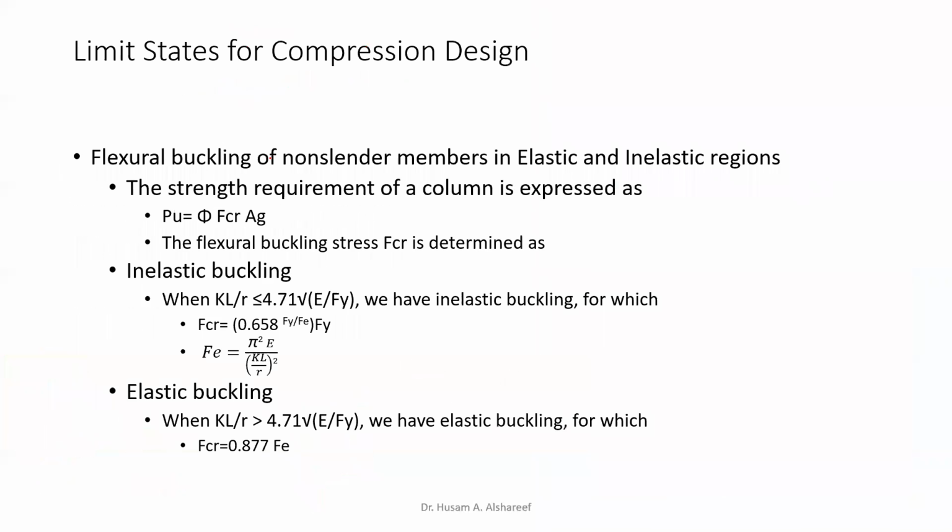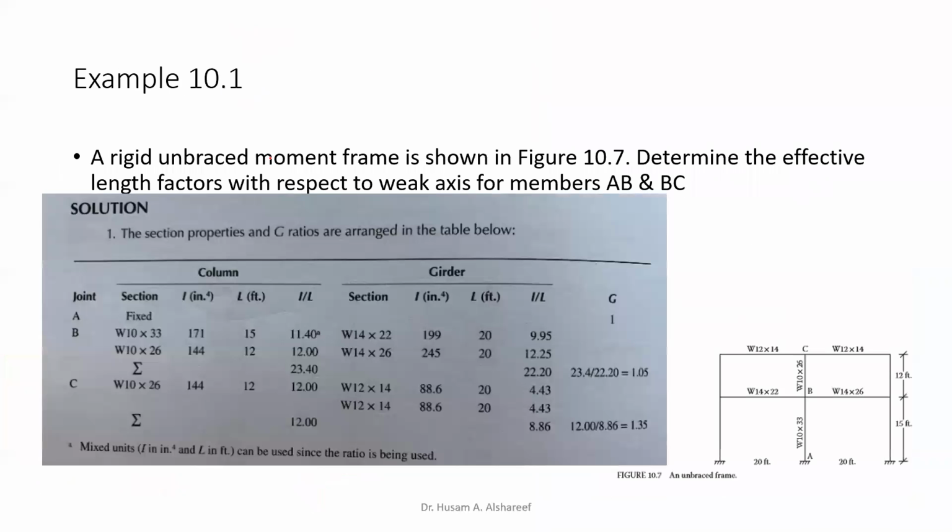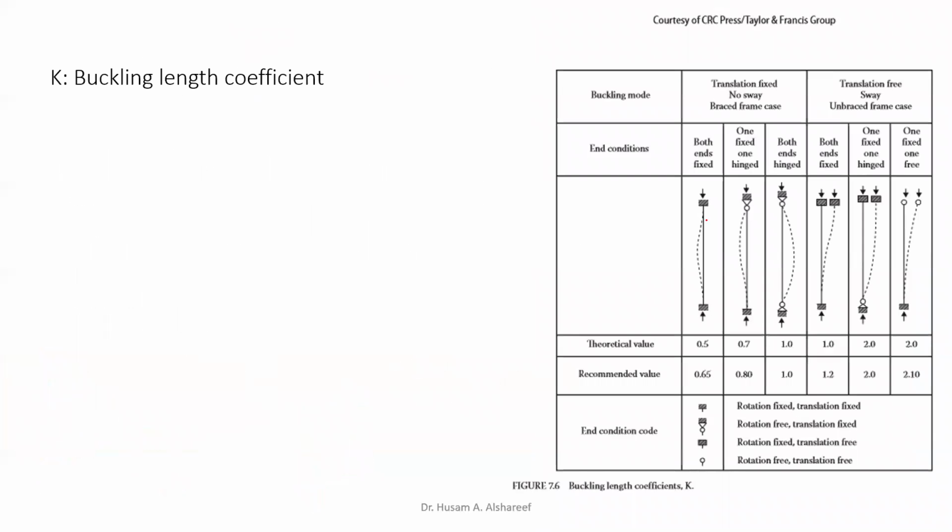So then if I go back to the table, let's do it now since we're talking about it. So the non-sway, which is the weak, supported, and it's fixed, it's 0.65. And the free sway, unbraced, fixed is 1.2.